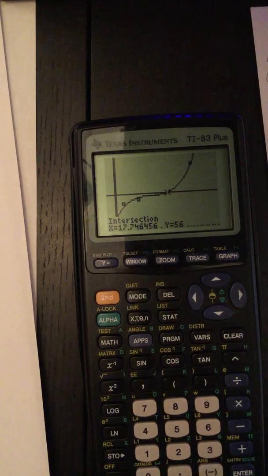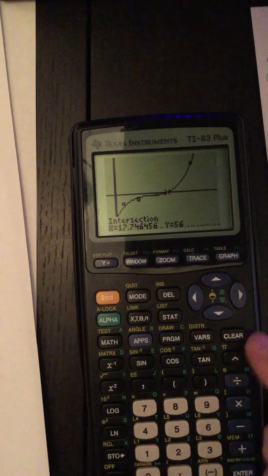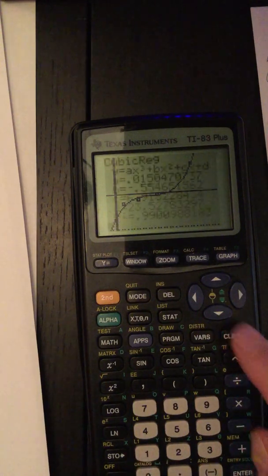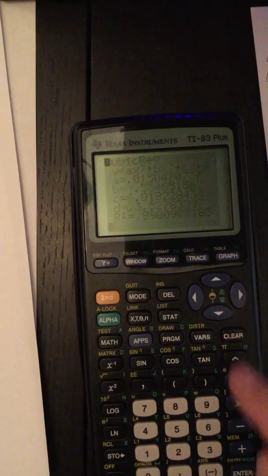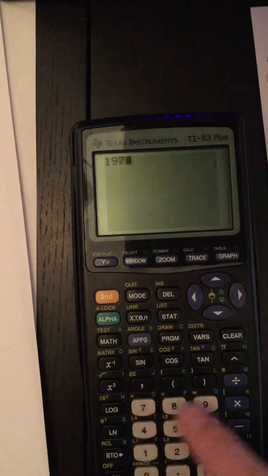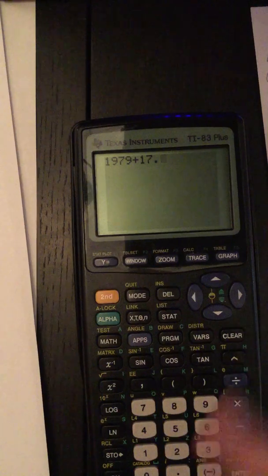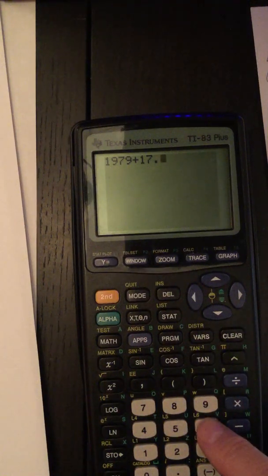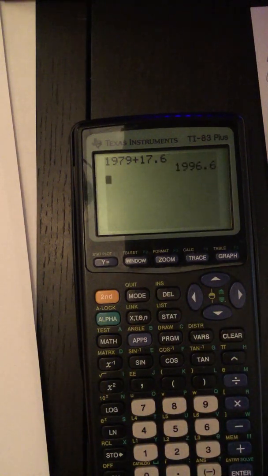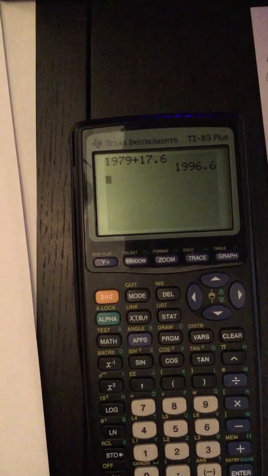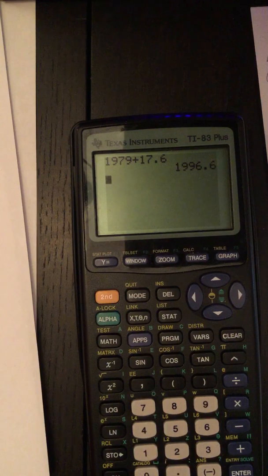So if we add 1979 plus 17 point, I think it was like 6, right? We get 1996 point something. So 1996 is a good estimate for that value.